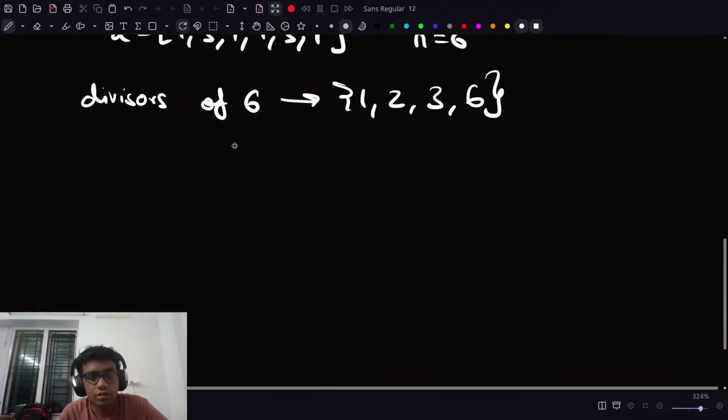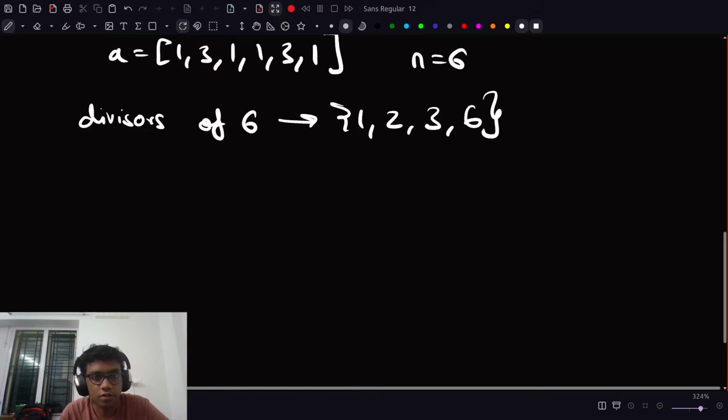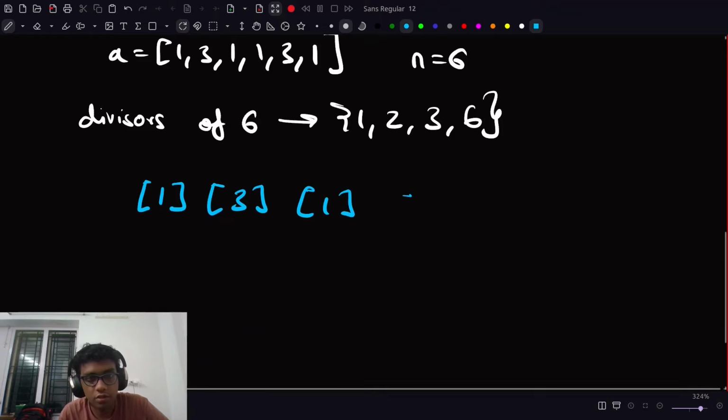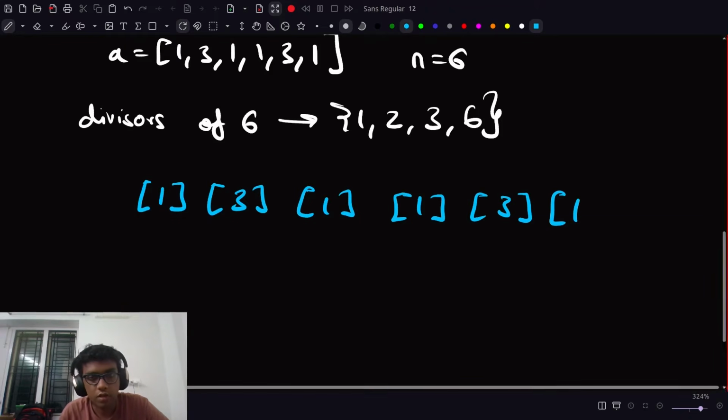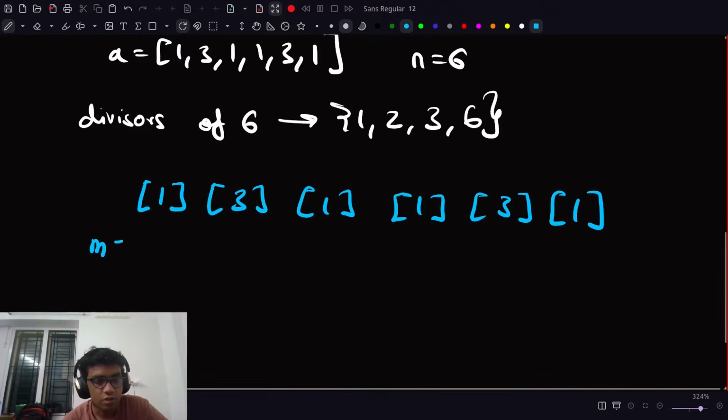Let us make chunks of size 1, size 2, size 3, size 6. If we make chunks of size 1, simply all the elements are separate from each other. Now, does there exist some m such that if we mod all these elements with m, these arrays become equal? Well, that exists. Let us just choose m equals 2.